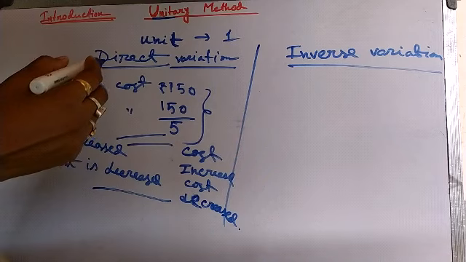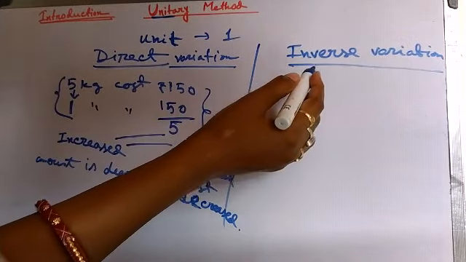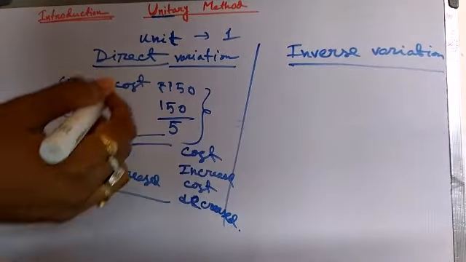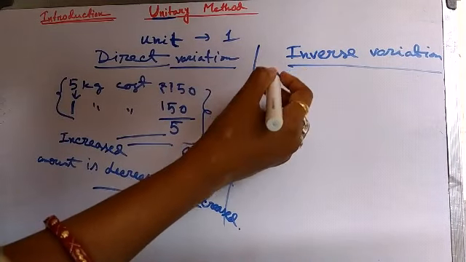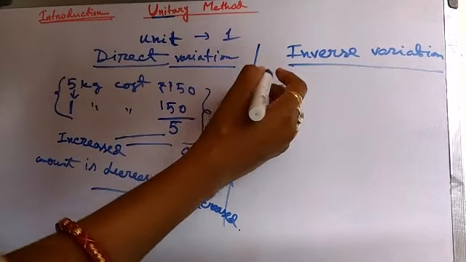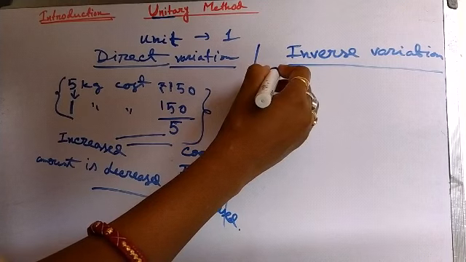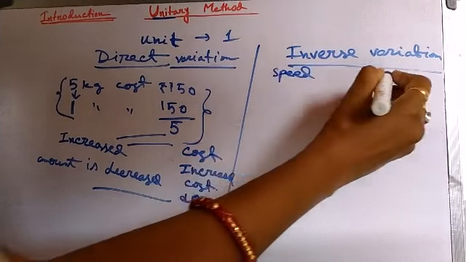So after discussing direct variation, I will now discuss inverse variation. So what is inverse variation? Inverse variation means, here if I take speed and time duration.